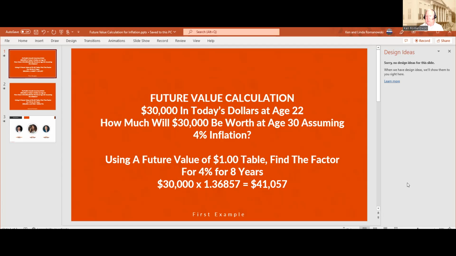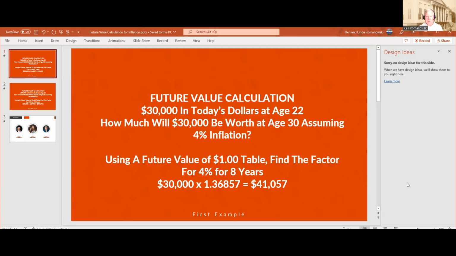I realize that some of you may be using a different age. If that's the case, just follow along, and you'll still need to know the number of years for which you are doing your calculation. So if you're going to be starting at, say, age 35 and going to age 45, that's a 10-year difference, so you'll be using 10 for the vertical number.